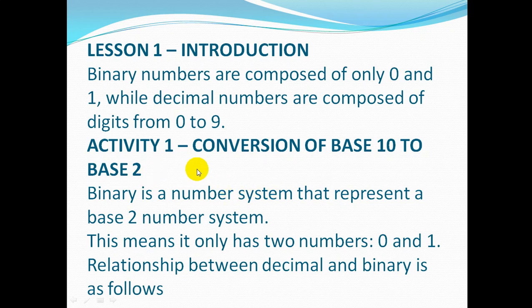Binary is a number system that represents a base 2 number system. This means it has only 2 types of numbers, which is between 0 and 1 in various combinations.